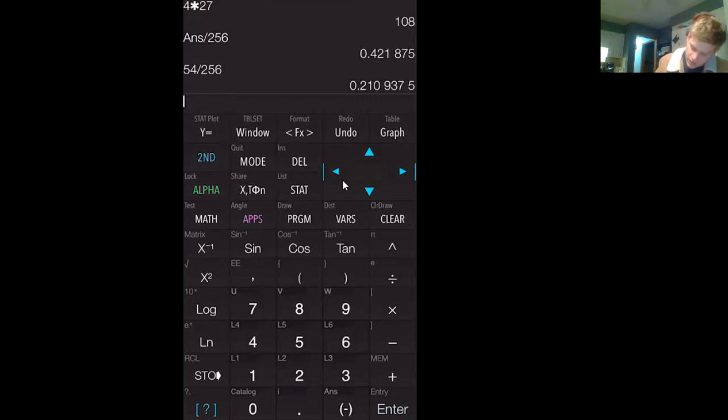And then we get 4 times 3 is 12, and then 12 divided by 256. .047. And then last one, we get 1 divided by 256. Which is very, very small. So 0.00, let's say 4.